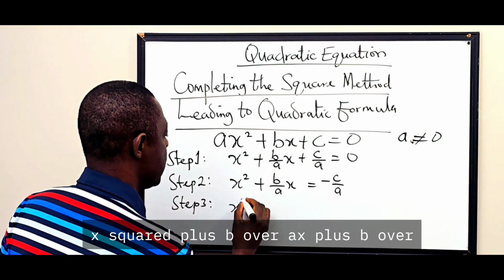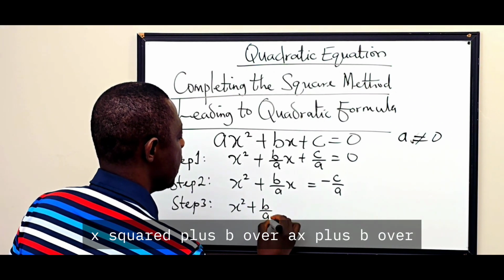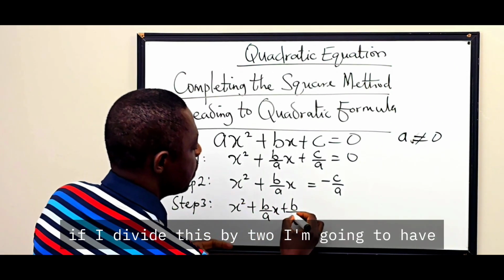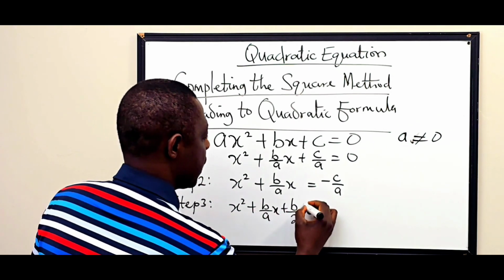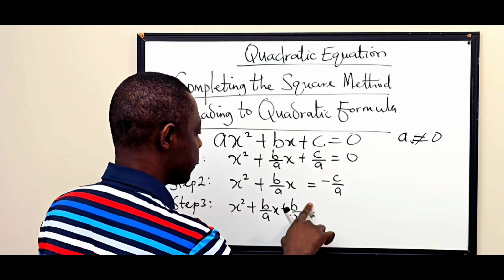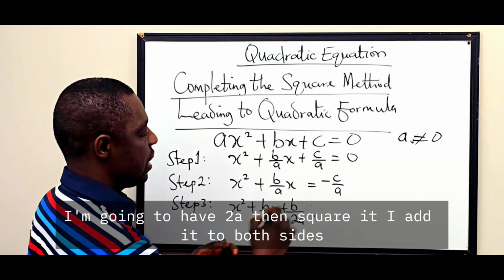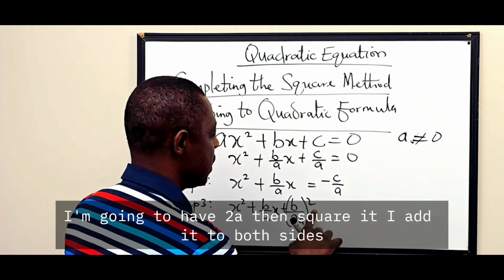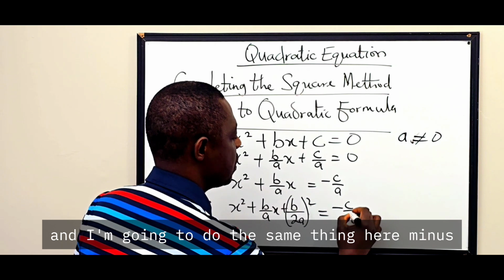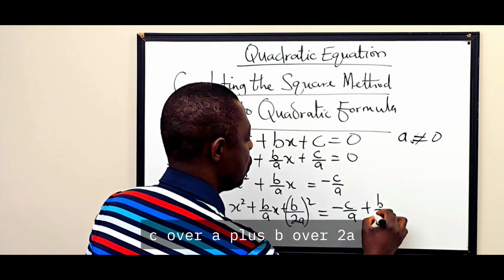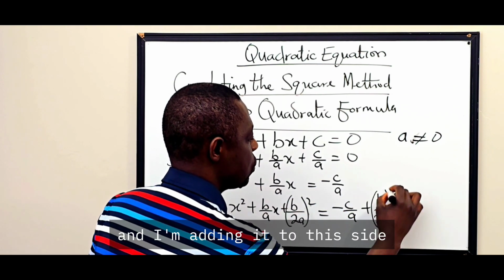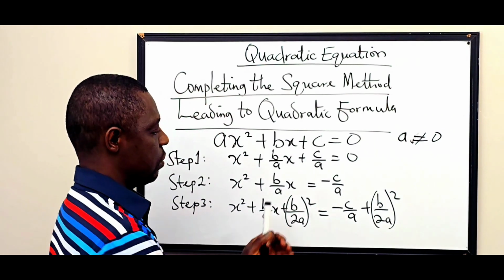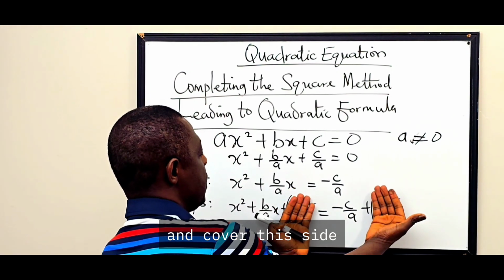We have x squared plus b over a x plus, if I divide b over a by 2, I'm going to have b over 2a, then square it, and I add it to both sides. I do the same thing here: minus c over a plus b over 2a squared. I am adding it to this side. And if you look at it, it seems like we haven't done anything, because if I cover this side, it's still the same.